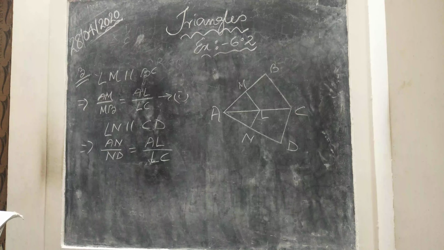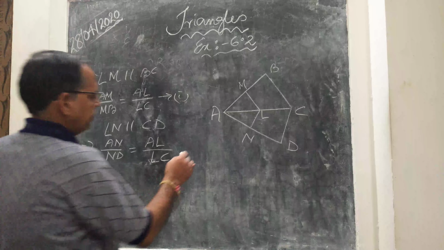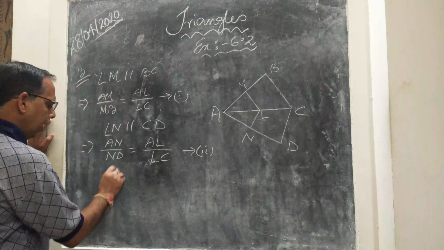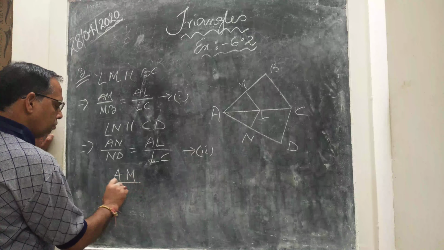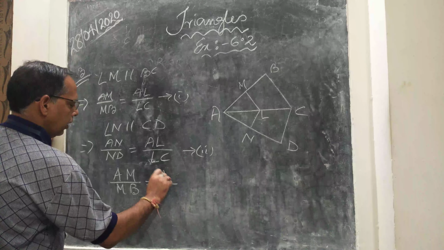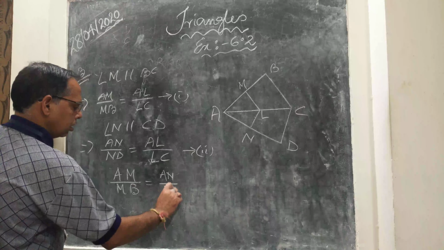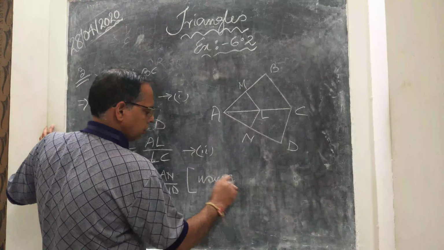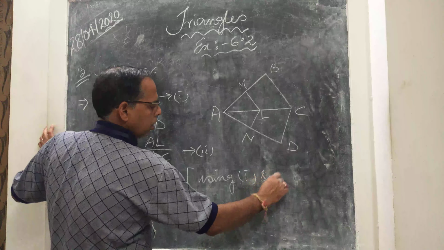AM by AB equal to AN by AD, given. You know? So first of all, from these two, what will you get? From these two, you will get that AM by MB equal to AN by ND, using 1 and 2.